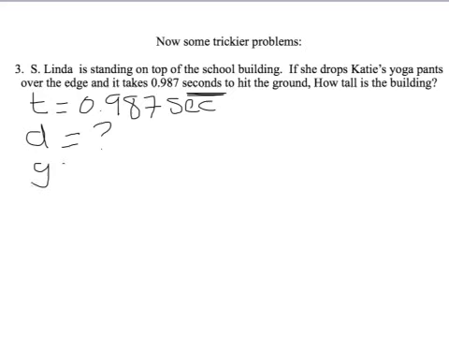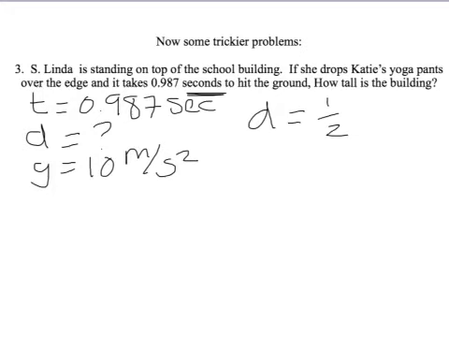And since Katie's pants are in free fall, we're always going to use g equals 10 meters per second squared. Okay, and again, I look at them and I say this would be using d equals 1/2 g t squared because there's no mention of velocity and we have to find the distance.